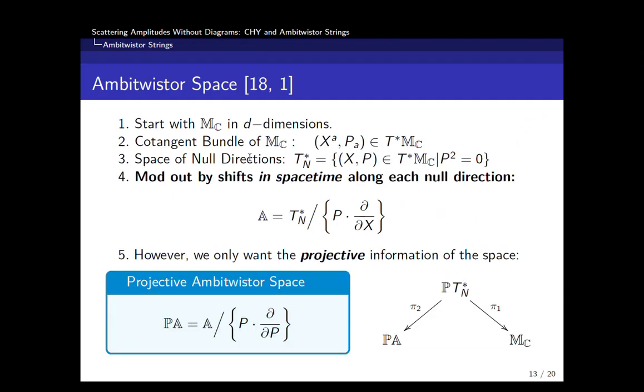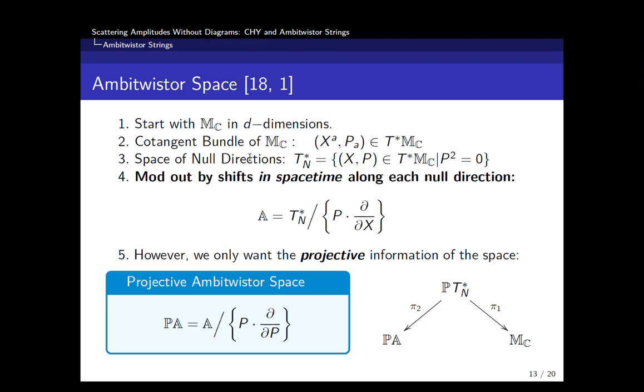So Ambitwistor space. We're not going to limit ourselves to the 4 dimensions of twistor theory. We're going to start with complexified Minkowski space in d dimensions and take our cotangent bundle. We want to encode momentum, and we want to find the space of null directions, because we are associated with massless scattering.